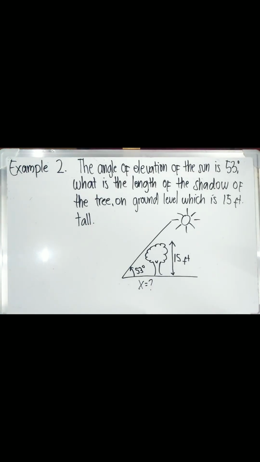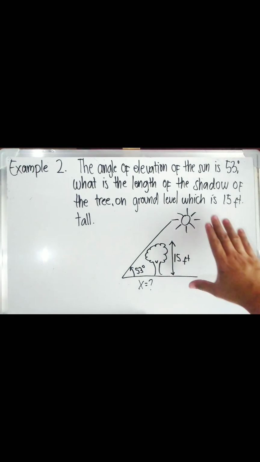So here we have example number 2. The angle of elevation of the sun is 53 degrees. What is the length of the shadow of the tree on the ground level, which is 15 feet tall? If we draw the situation described in the problem, it will look like this.